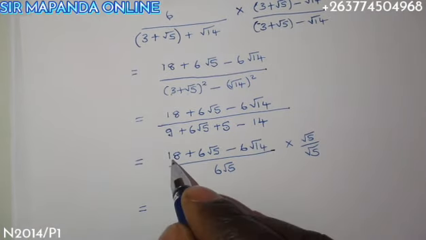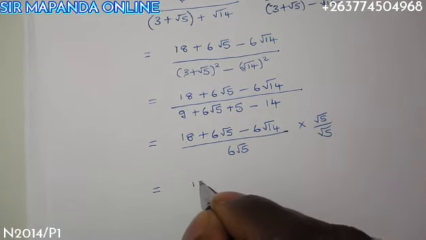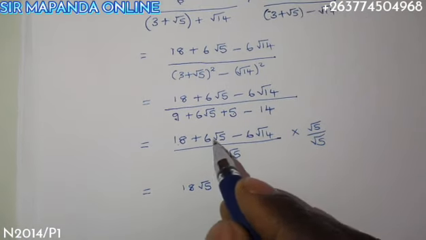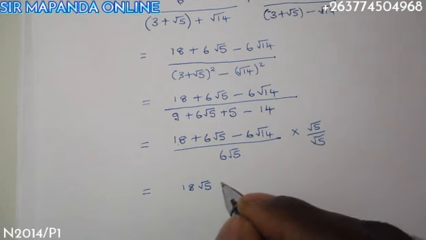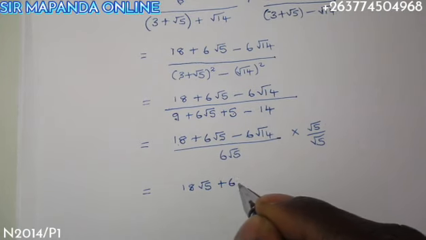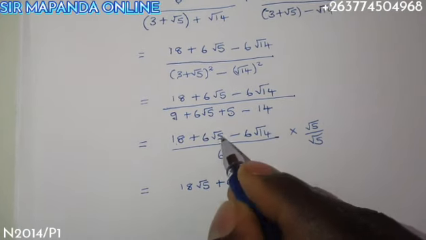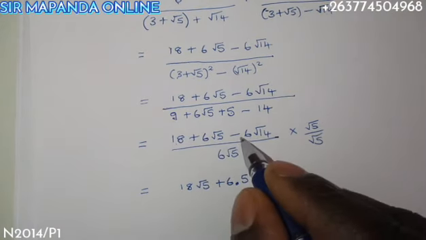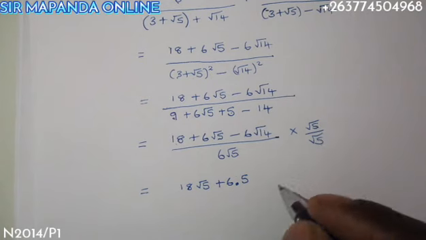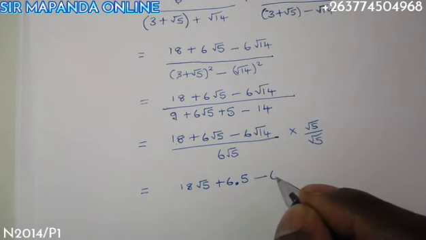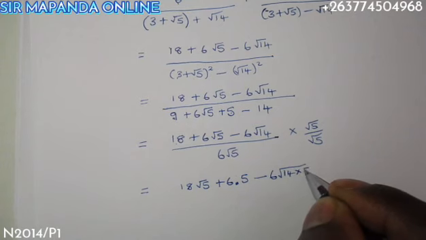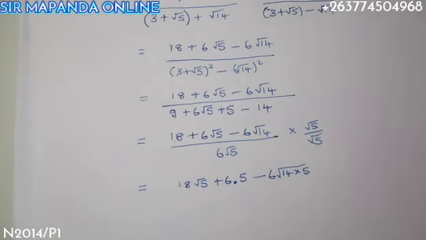Right. So 18 times root 5, you get 18 root 5. Then 6 root 5 times root 5, you get 6 times 5, since root 5 times root 5 is 5. Then minus 6 times root 5, you get minus 6 open bracket, this 14 is going to multiply 5. I hope you are following, class.